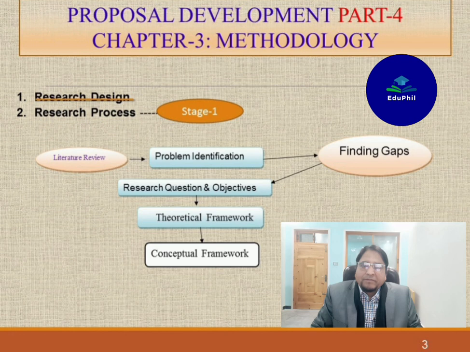For example, first we have to go to the literature review. After that, we have to identify the research problem or find the research gap. After that, we have to go to the research questions and objectives, and then the theoretical framework, and then the conceptual framework.